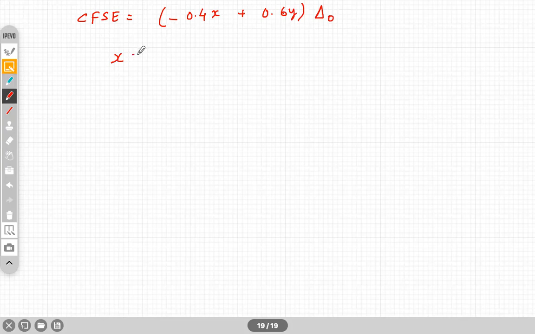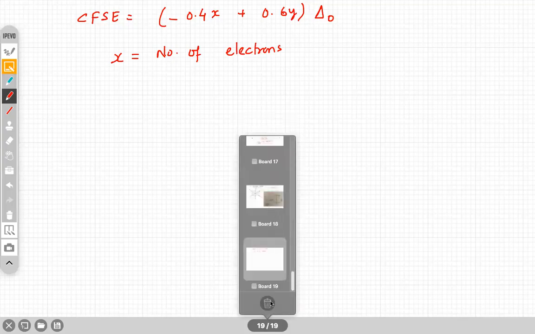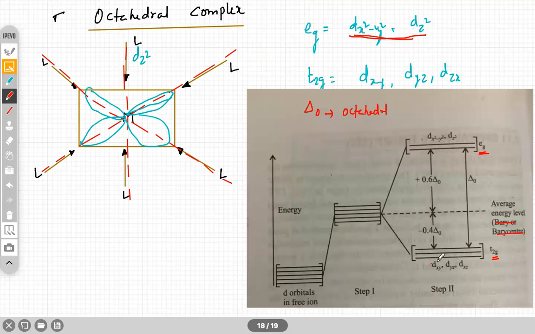What is x? x is the number of electrons. 0.4 is associated with the t2g orbitals, and 0.6 is associated with the eg orbitals.